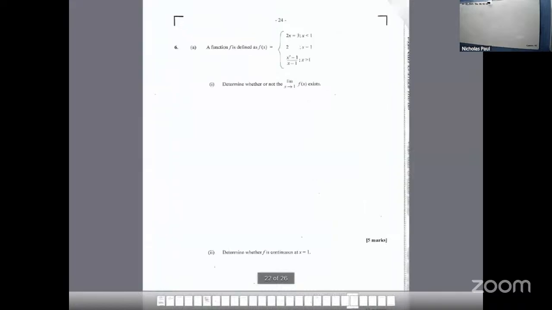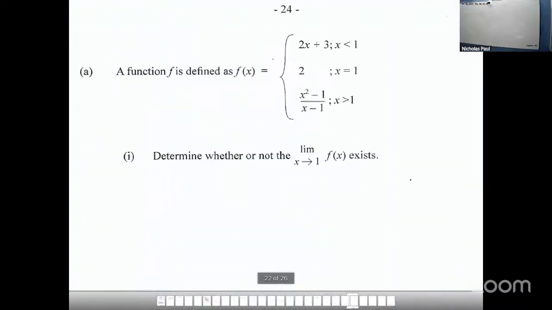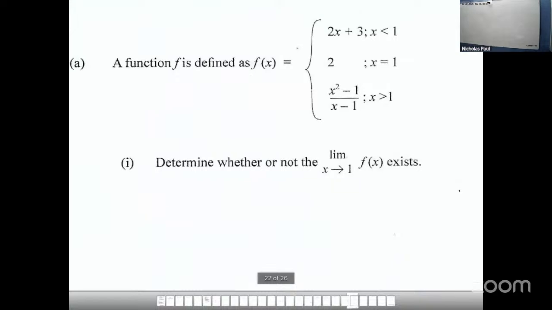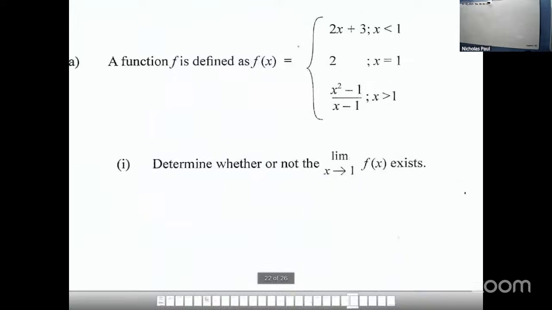This is 2021. Last one, are we done? And then we take a look at first principles, how to show that. Try this, please. 2021 number 6.